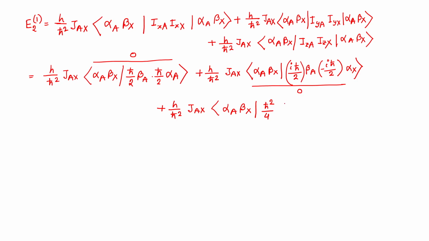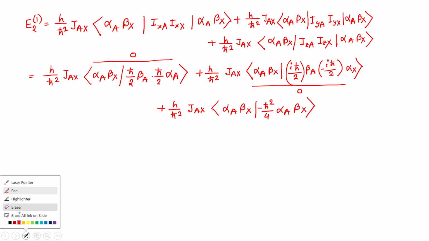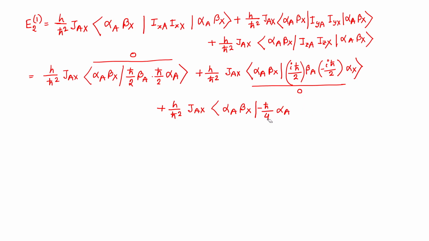I will write it directly, alpha A beta X. Only change is here, it will be a minus. Why minus? Tell me why there is a minus. Because this, so I will write it in steps. I have not done steps here. It's not a big step jump still.